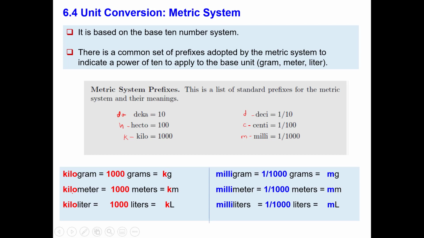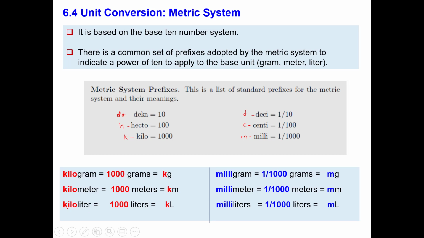If we have kilometer, kilo is the prefix and meter is the base unit. That means 1,000 meters, and we can write it in abbreviated form like that.